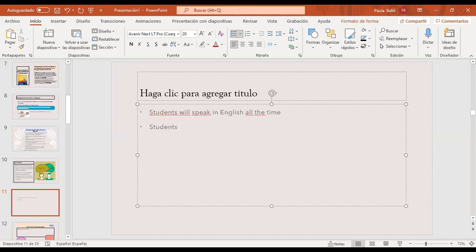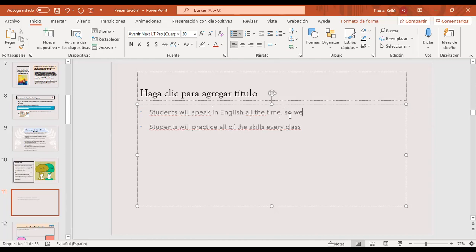Students will practice all of the skills every class. So that's why you have to come prepared to speak, to listen, to read, to share with your classmates.